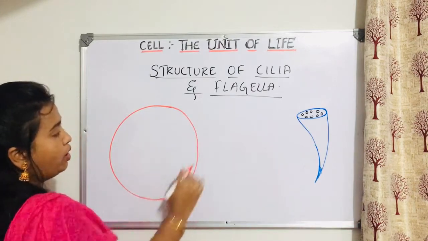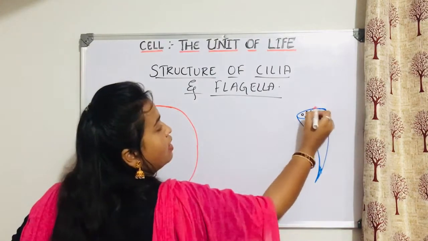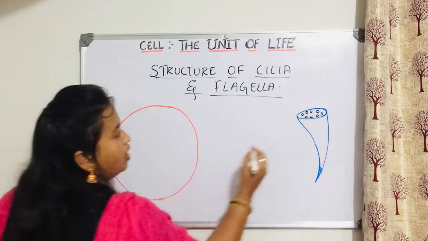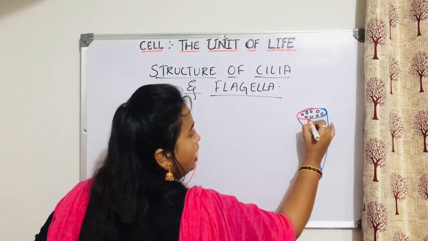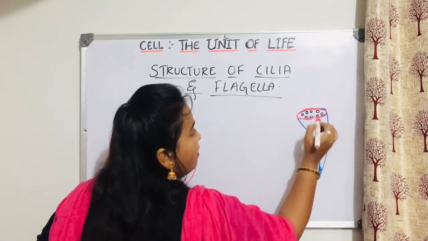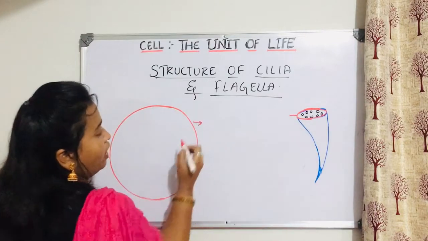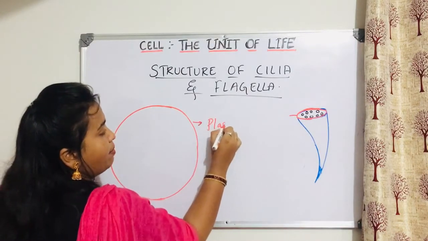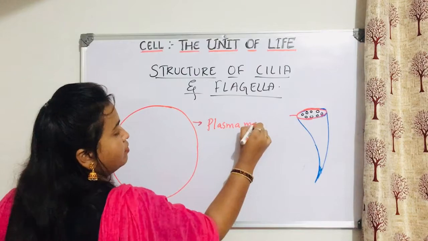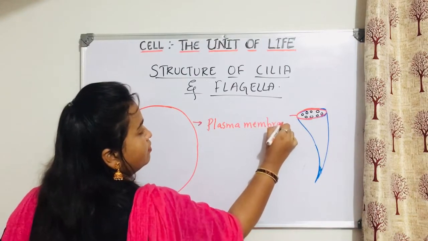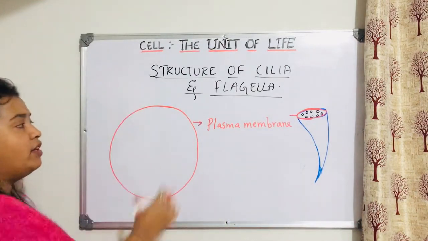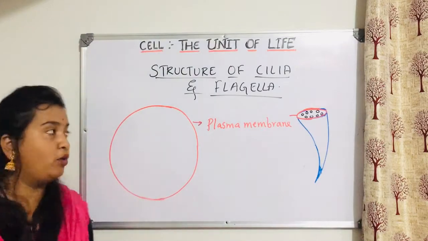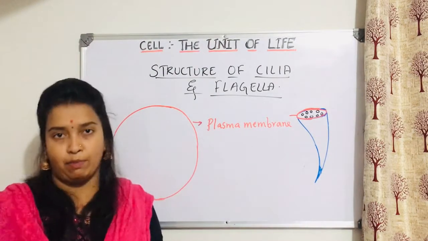This outer structure, I'll show it with red, is called the plasma membrane, because the structure is covered by the plasma membrane.